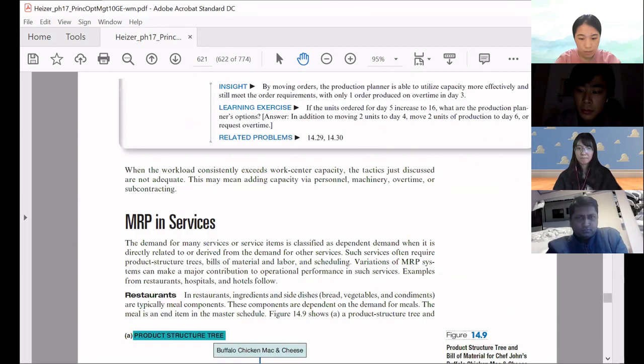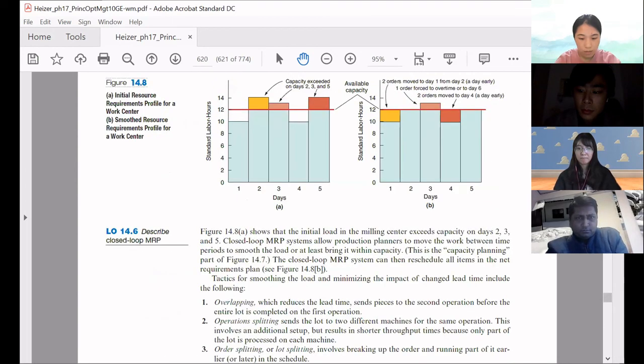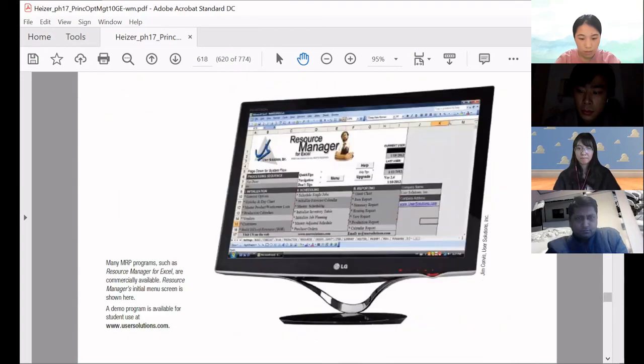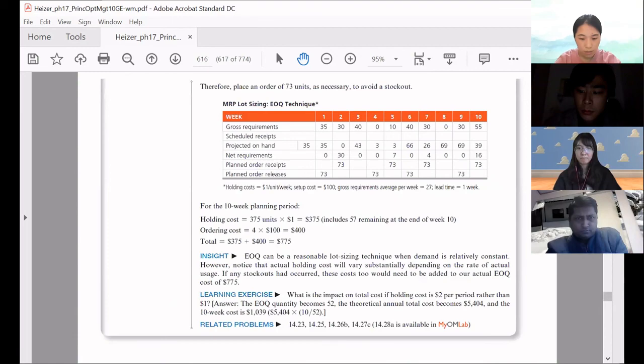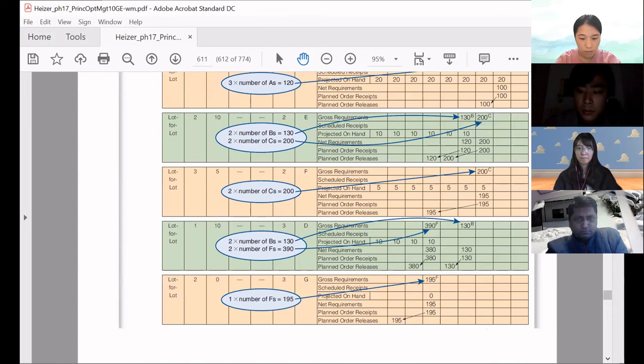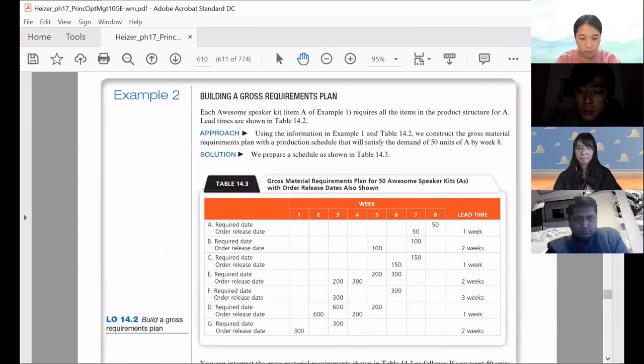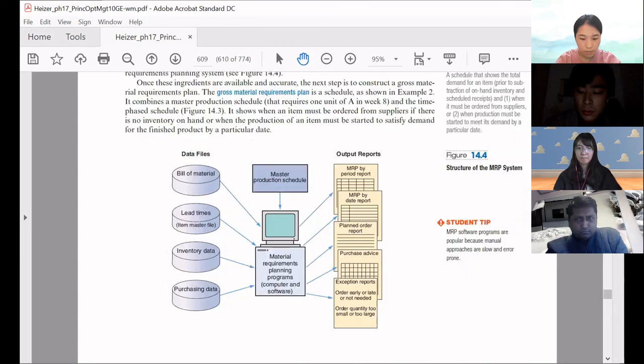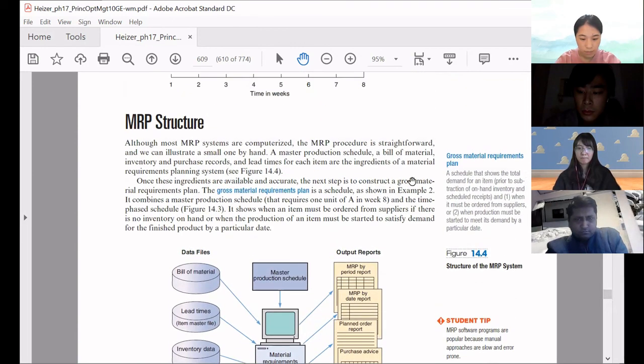It's a good reference, and when you read the book, it can become much clearer, because the slides are very brief. So please read the book and do the assignment. I'll continue next week on this same topic for the net requirements, and you can see other things relating to MRP.